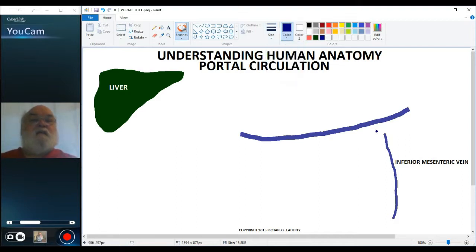And I'll connect the inferior mesenteric vein with the splenic vein. So the inferior mesenteric vein drains into the splenic vein, and I'll label the splenic vein here.